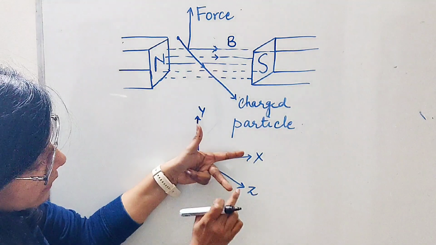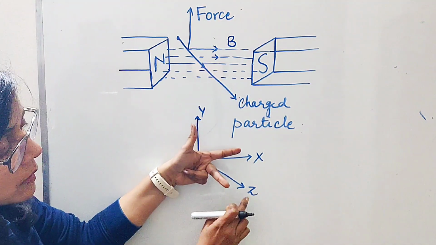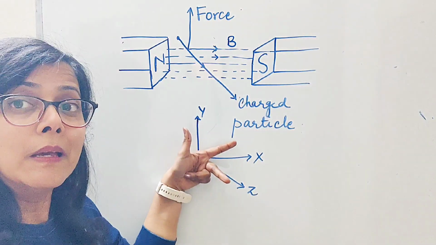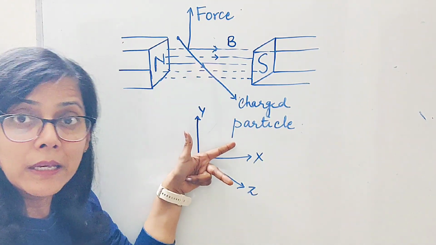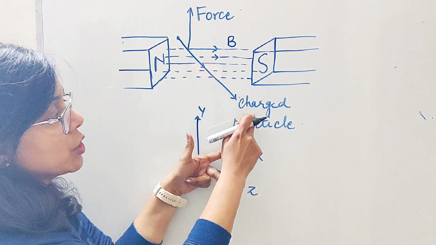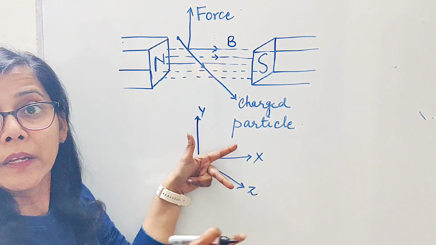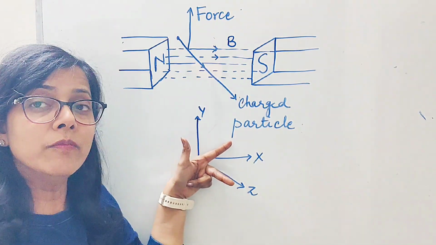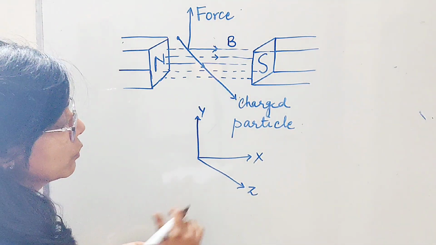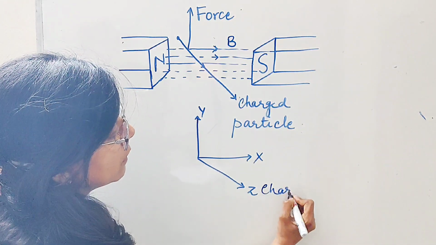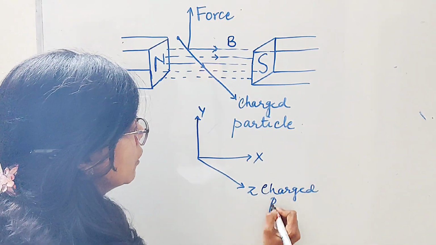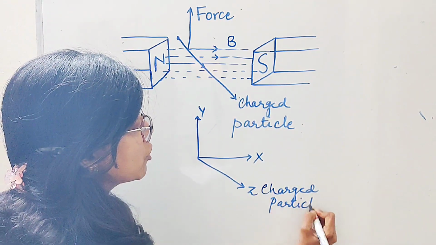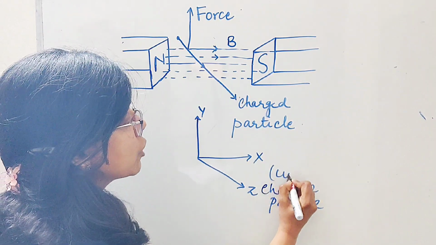This is Z direction and this Z direction is the direction of the current. So we can say that this charged particle is in the direction of the current from Fleming's left hand rule. So this is the direction of, I am writing here, charged particle. And charged particle means that this is the direction of current.